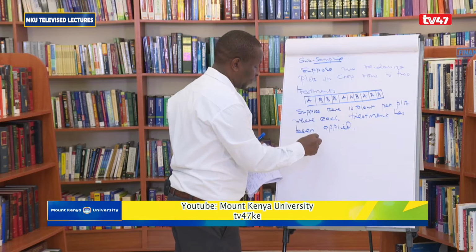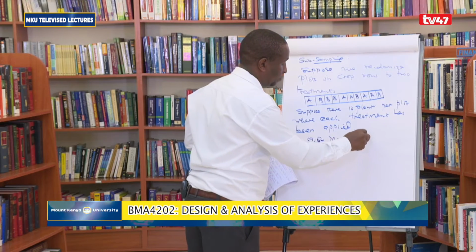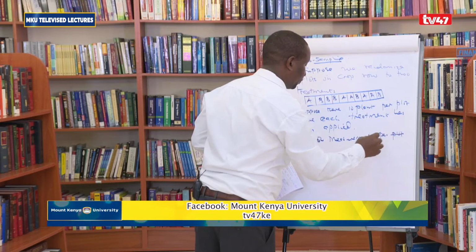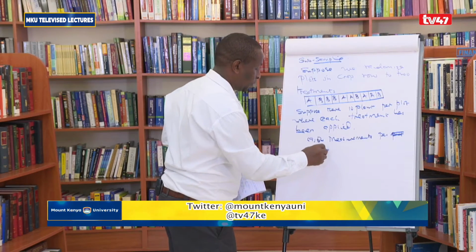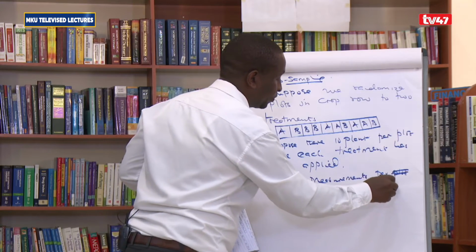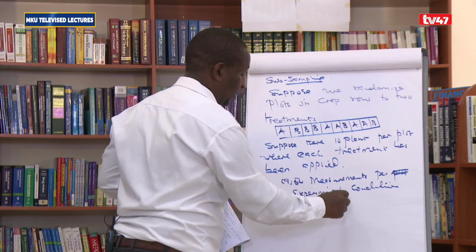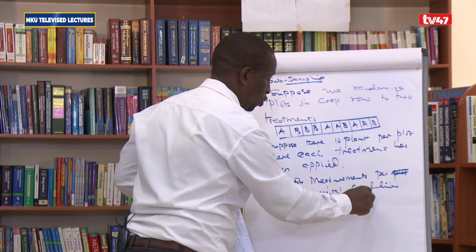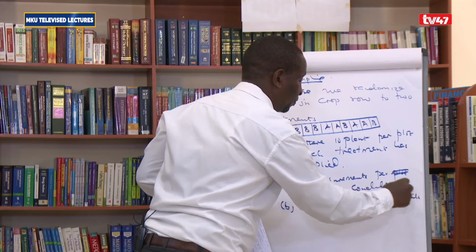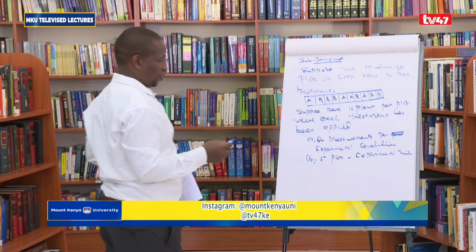For A, we have 5 plots, and for B, we have 5 plots. We are calling them experimental units, and there are 50 measurements. The 50 measurements are what we call the measurement units.